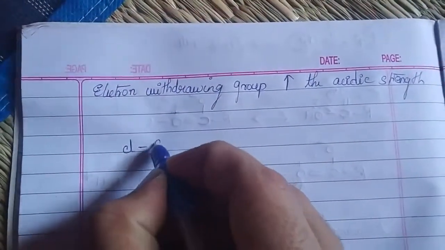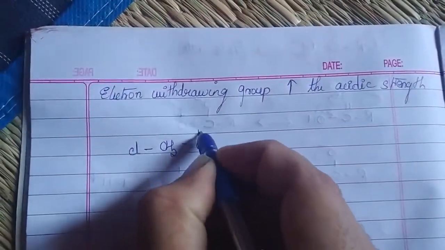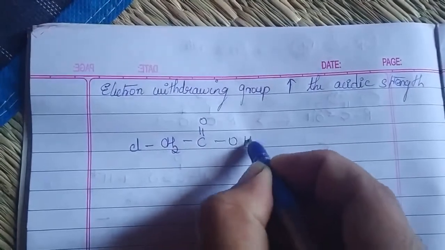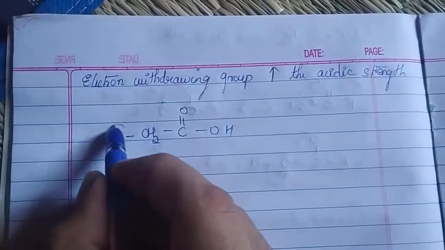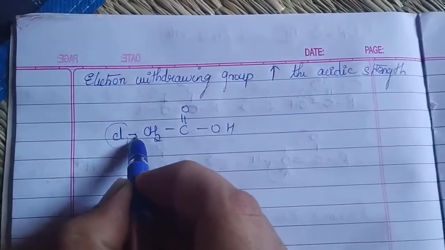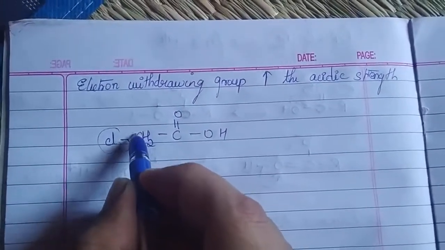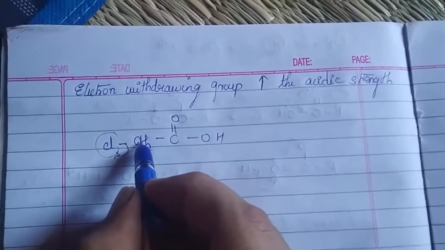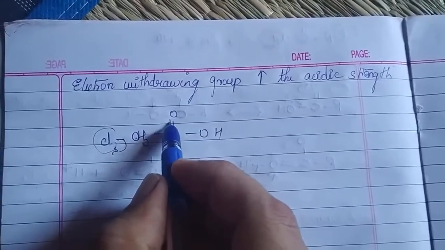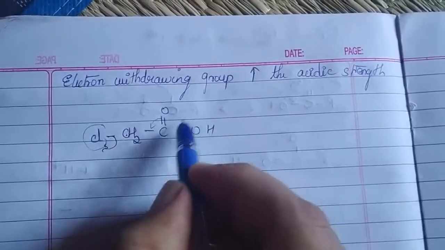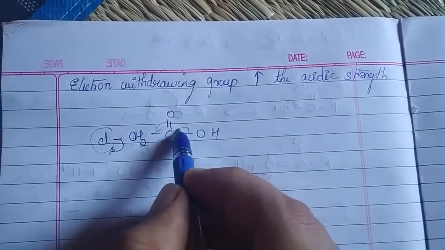For example, if I just say Cl, CH2, C double bond O and an OH. Since chlorine is an electron withdrawing group, it will try to pull electrons. Somewhat its valency decreases, so this will come over here, and in order to balance that, this will come over there.